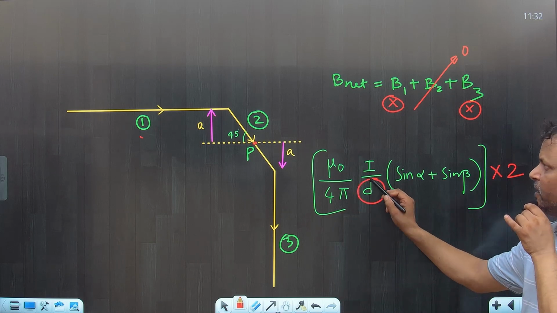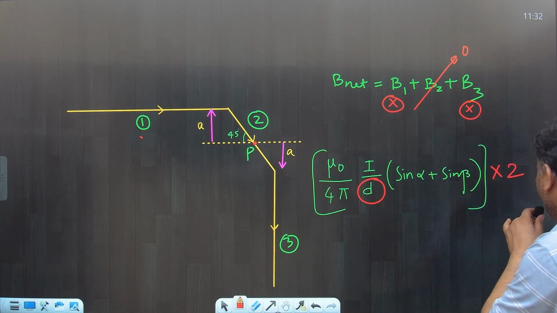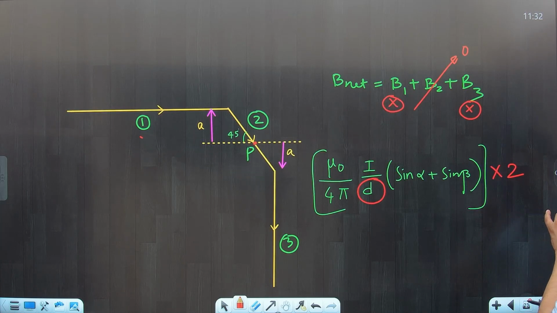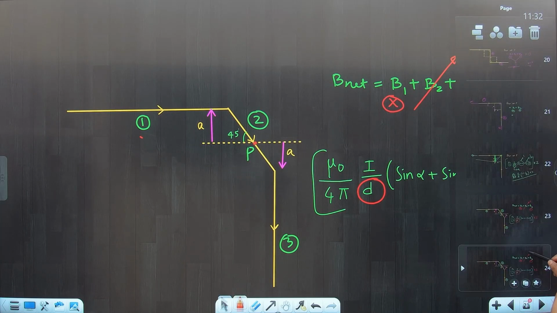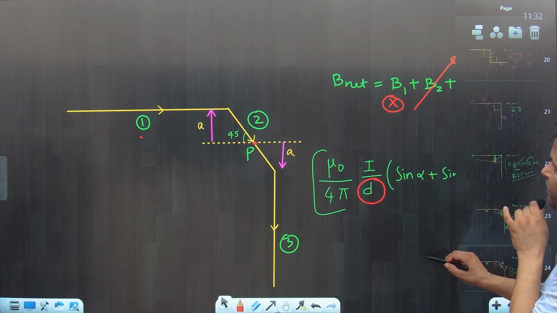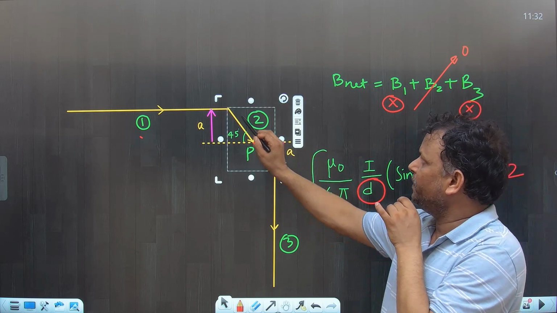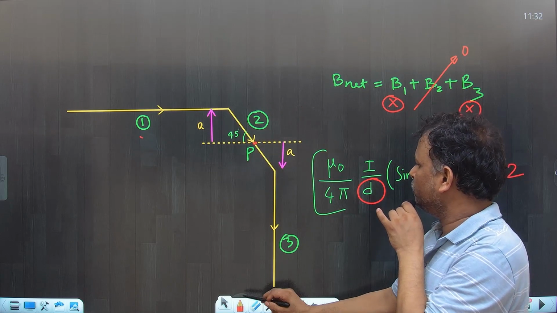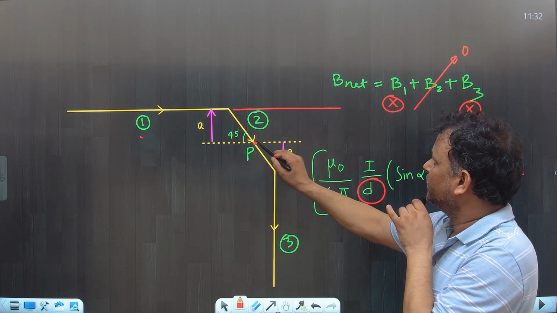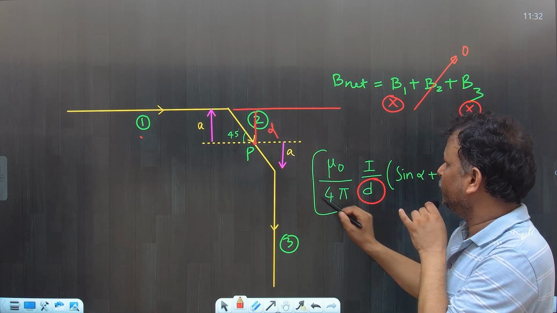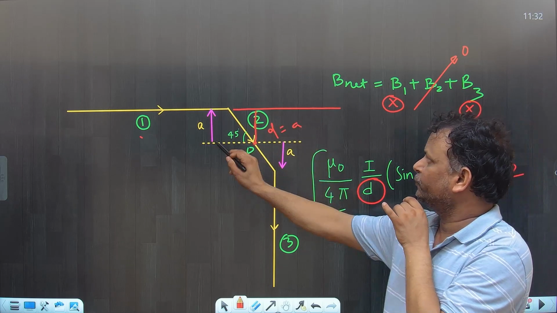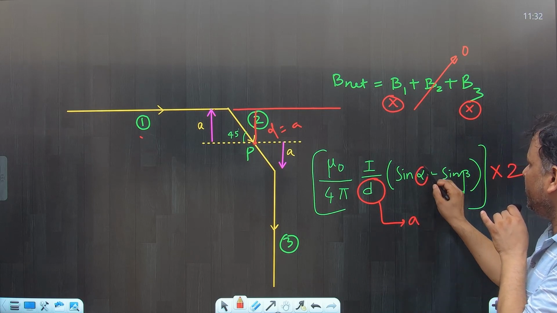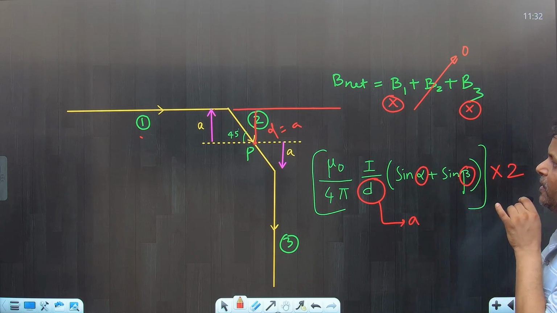What will be D here? D is the perpendicular from point P to this conductor, and this is D. So D is A, this was A. And what are alpha and beta?